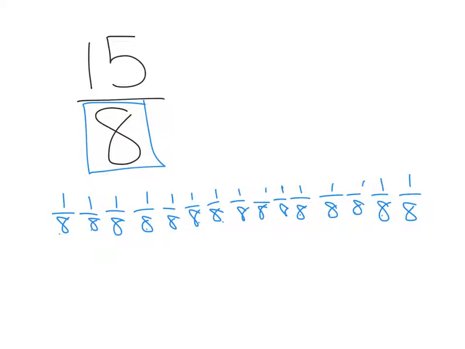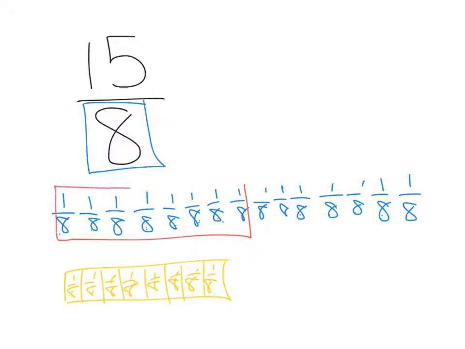How many eighths make a whole? We can always draw a little pie or a fraction bar. Cut in half, cut in fourths, cut into eighths. How many eighths make a whole? 1, 2, 3, 4, 5, 6, 7, 8. 8 eighths make a whole. So let's group them. 1, 2, 3, 4, 5, 6, 7, 8.